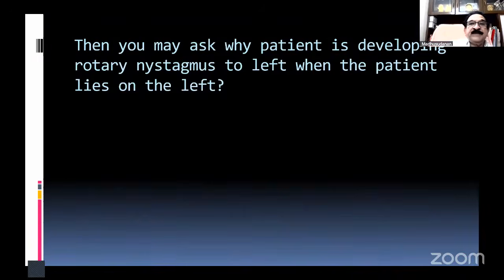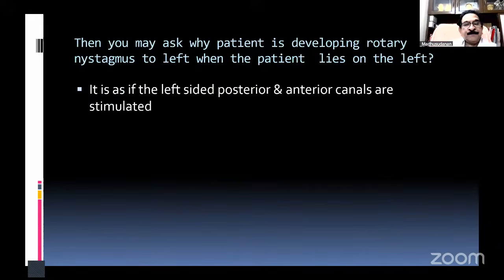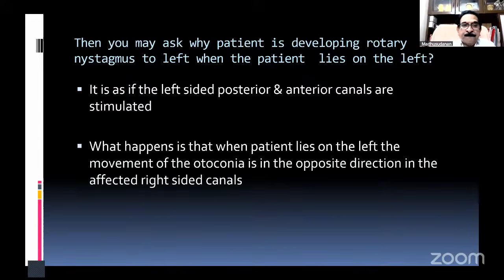Then you may ask why the patient is developing rotary nystagmus to the left. If you're lying left, it should be on the right side. But here on the left side, why is it occurring like that? Suppose the rotary component is on the left side, what does it mean? That the left superior and inferior canals are stimulated on the left side also, correct? So it is as if the left-sided posterior and anterior canals are stimulated because the patient is lying on the left side.